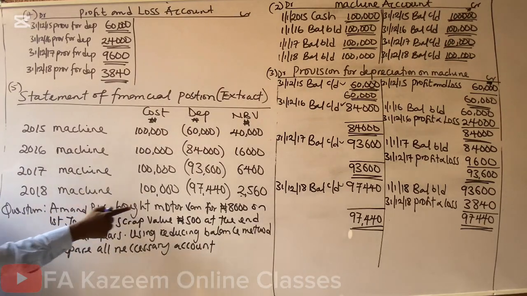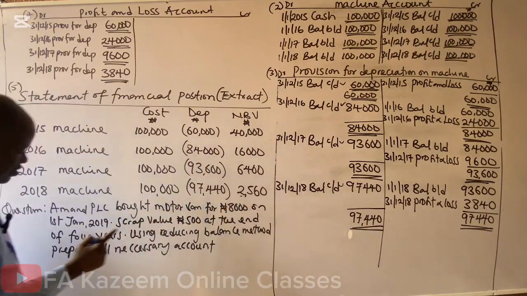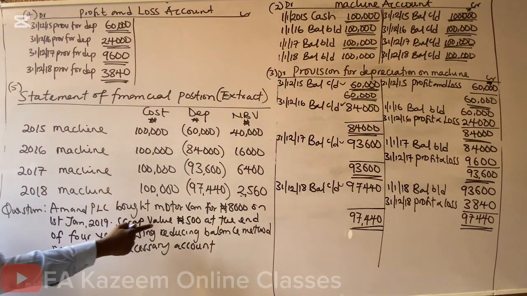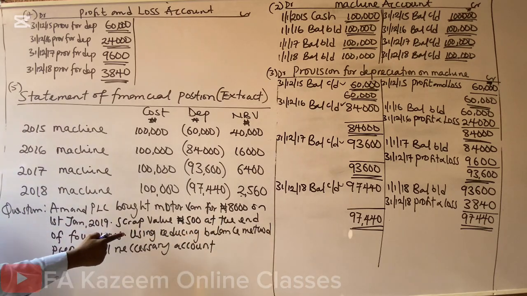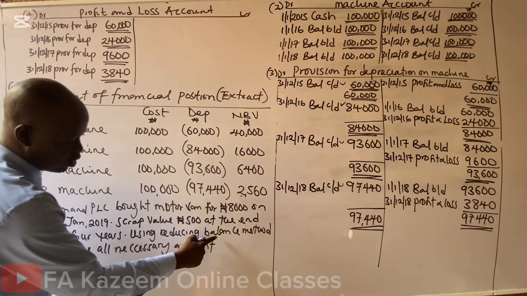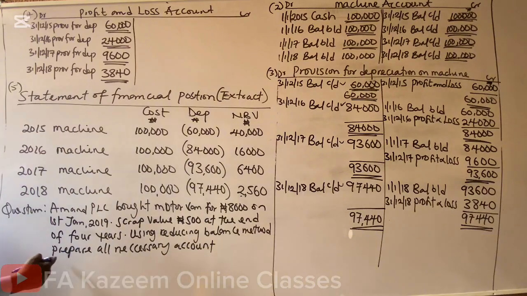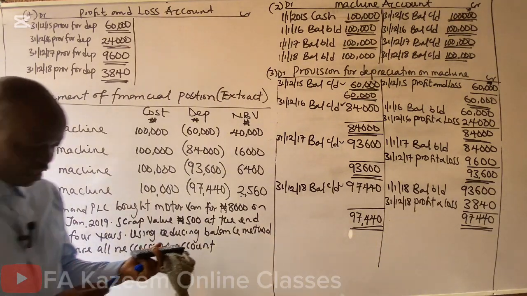Amanda PLC bought a motor van for 8,000 on 1st January 2019. Scrap value 500 naira at the end of 4 years using the reducing balance method. Prepare all necessary accounts.